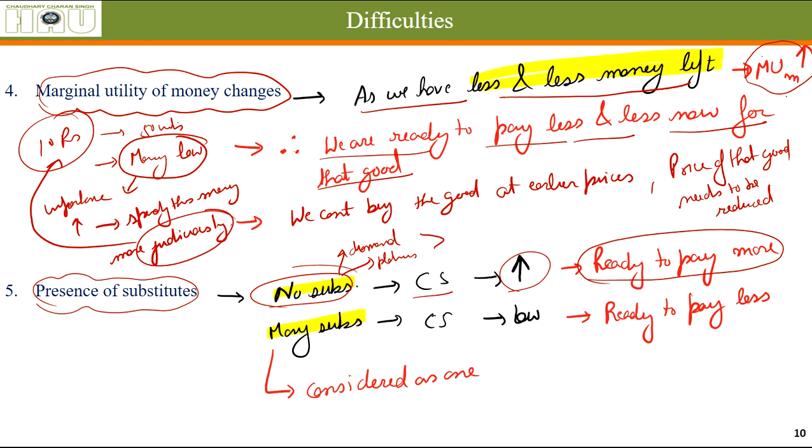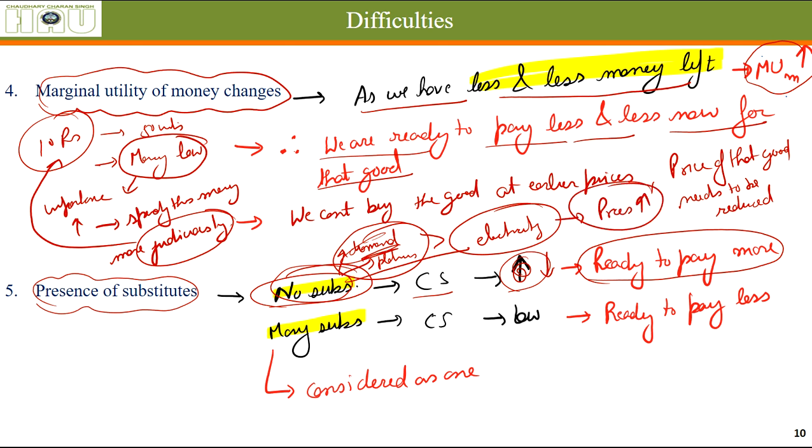When there are no substitutes for a good, the consumer surplus can also be very low. Let's say electricity: the electricity board is the only supplier and there is no other substitute for us to have, and that board is charging us prices.